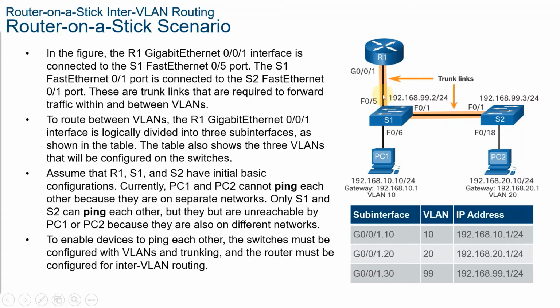Now in the figure, R1 gigabit Ethernet 0/0/1 interface is connected to the S1 FA0/5 port. Now the S1 FA0/1 port is connected to S2 via its FA0/1 port.